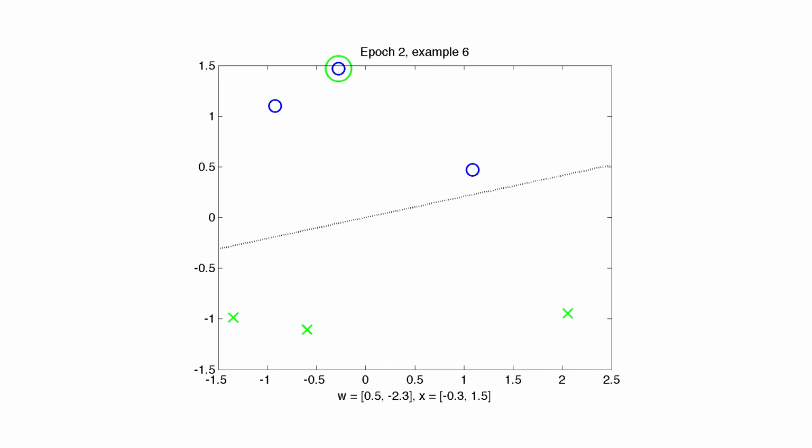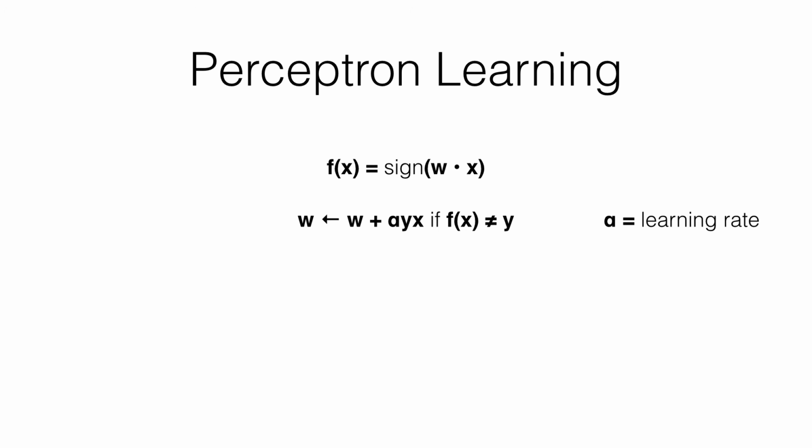Okay, so let's just summarize. This is the Perceptron learning story. It's all in one slide. We predict with this f of x, that's just the sign of this dot product, this linear combination of weights and features.